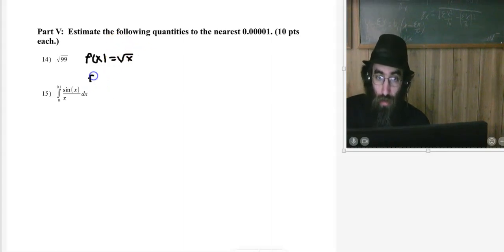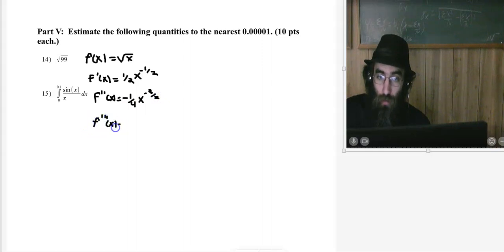So we'd say f prime of x equals 1/2 x to the negative 1/2. f double prime of x equals negative 1/4 x to the negative 3 over 2. f triple prime of x equals 3/8 x to the negative 5 over 2.